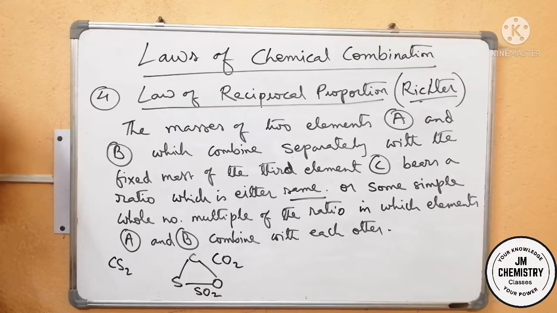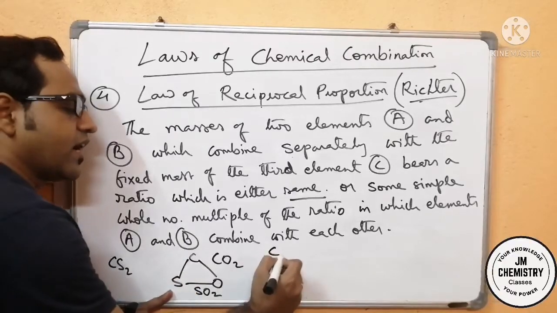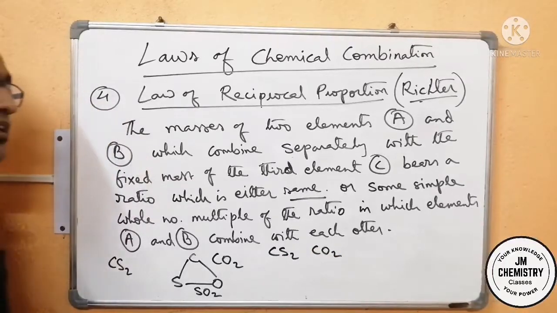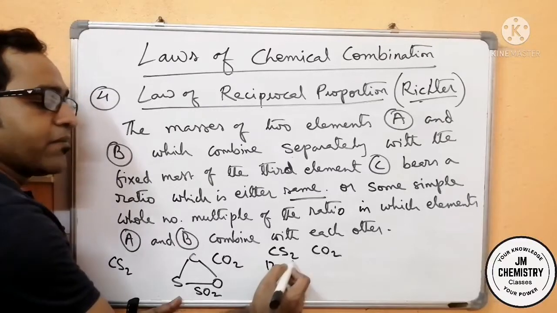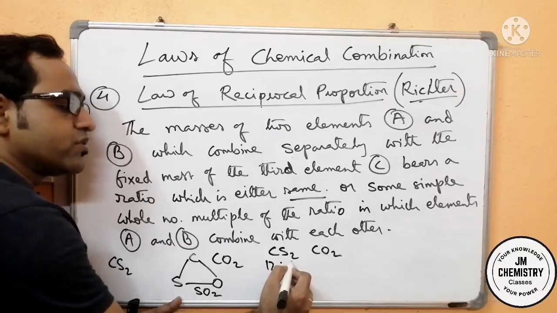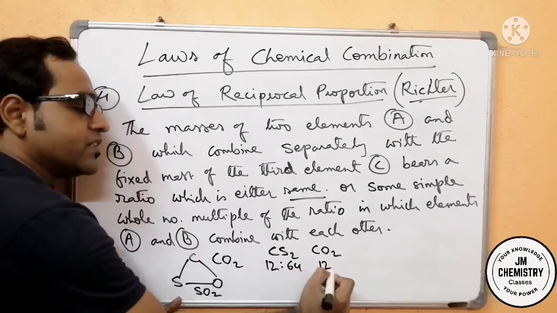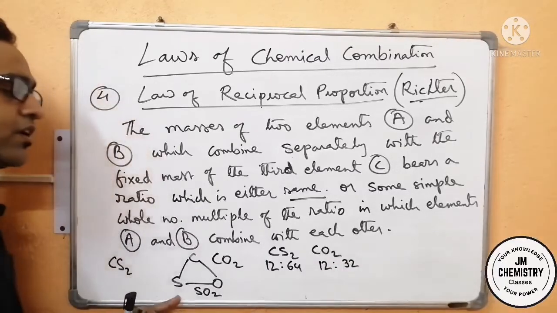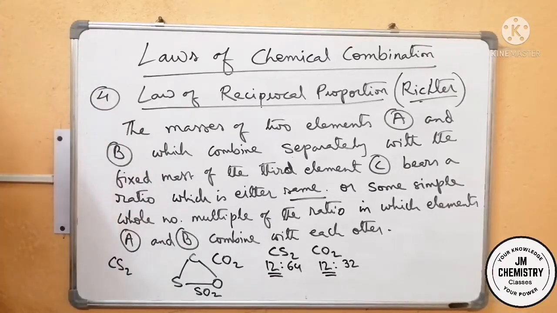Now take two compounds, say carbon disulfide and carbon dioxide. In carbon disulfide, the amount of carbon is 12. The amount of sulfur is how much? 32 into 2, 64. In carbon dioxide, the amount of carbon is 12 and the amount of oxygen is 32. So here you can see the amount of carbon is fixed.